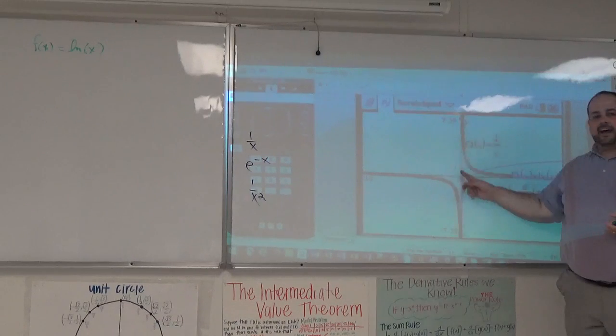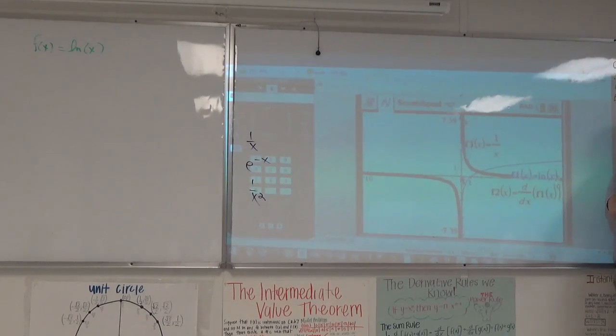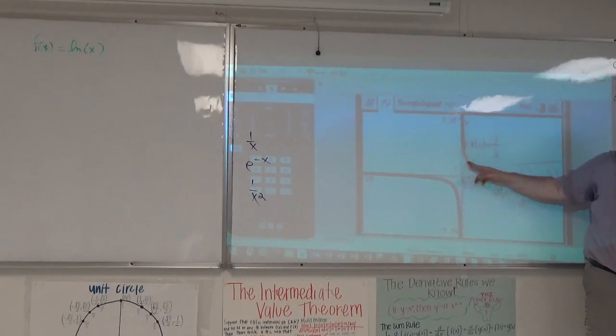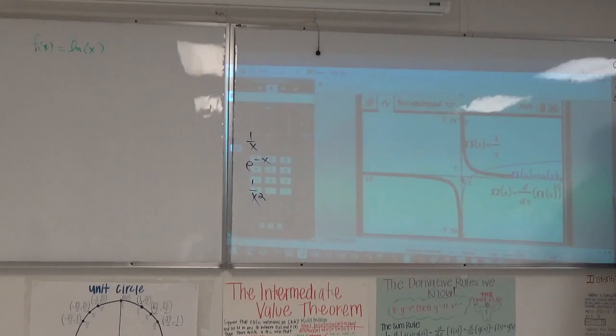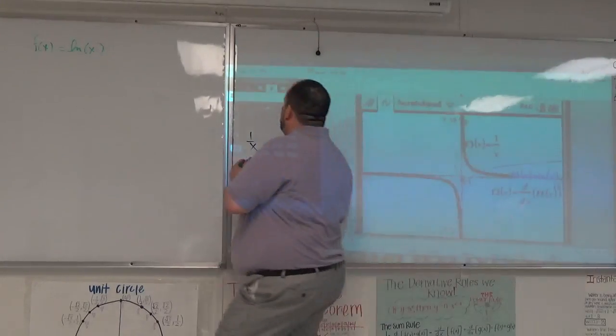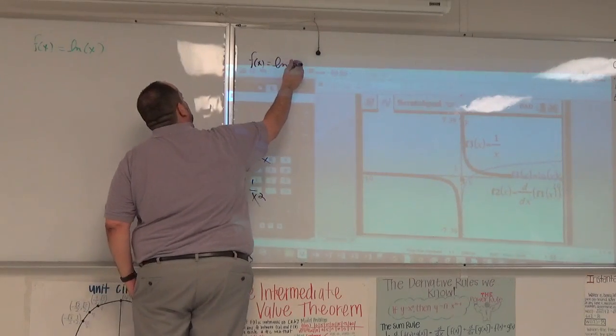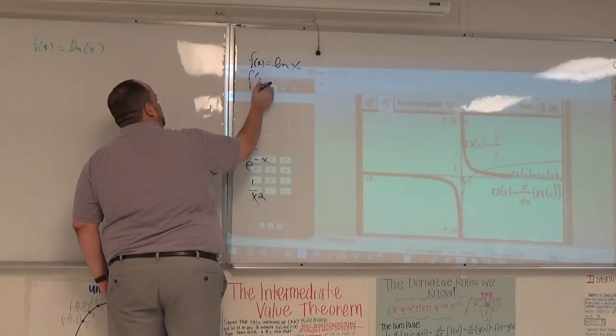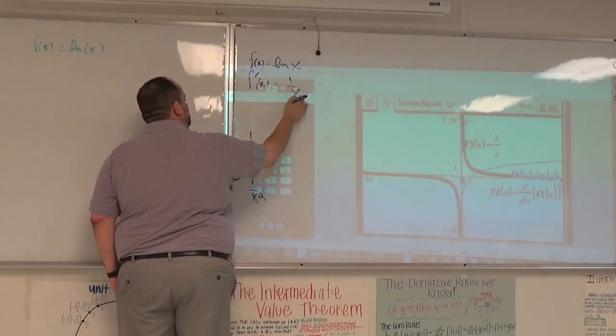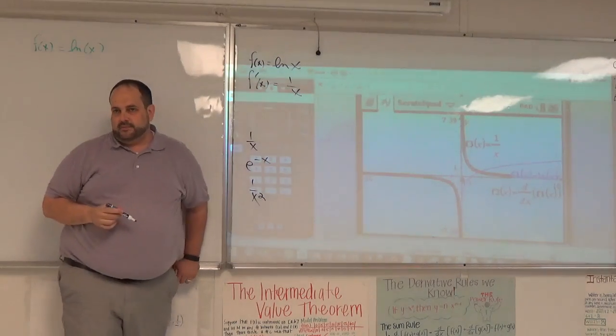The black graph is completely, it's called coincidental, it's touching the entire time. That really thick black graph is exactly matching the derivative of the natural log of x. So with this, my conclusion would be that if f of x is the natural log of x, then f prime of x has to be 1 over x.